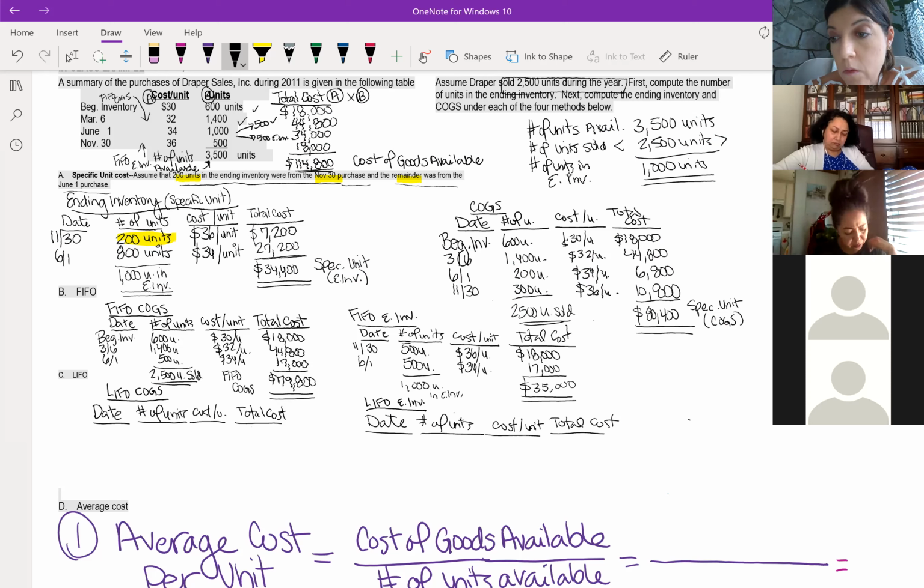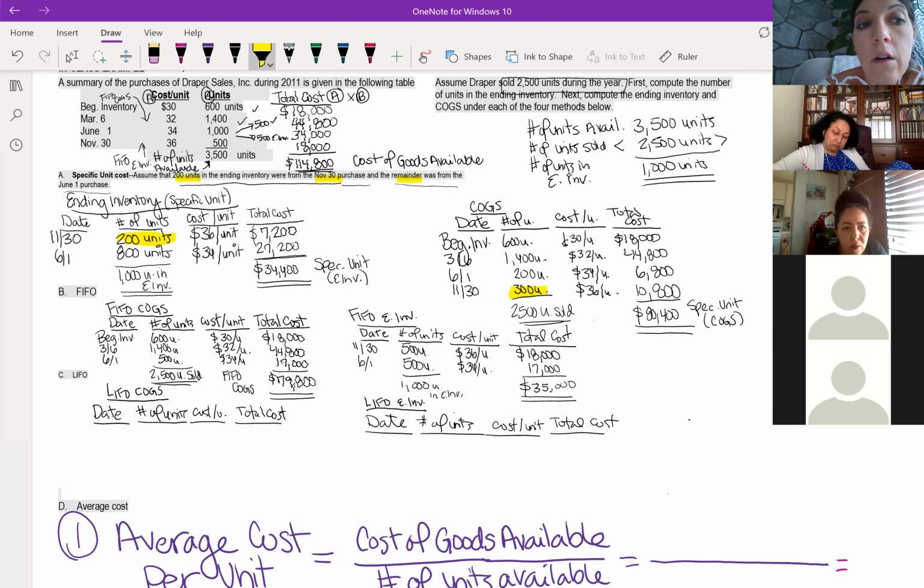So that's what confused me, because for me it's only 300, not 500. Beatrice, if you look up here, 200 from November 30th and the 300 from November 30th. And this is the specific identification or specific unit cost method. There's the 500 for that method.